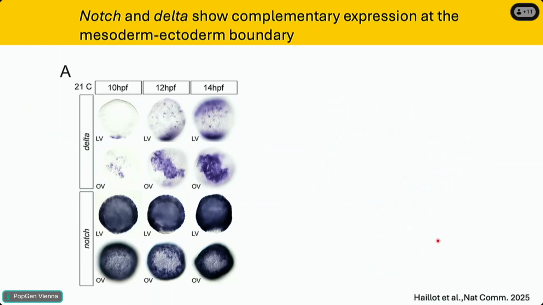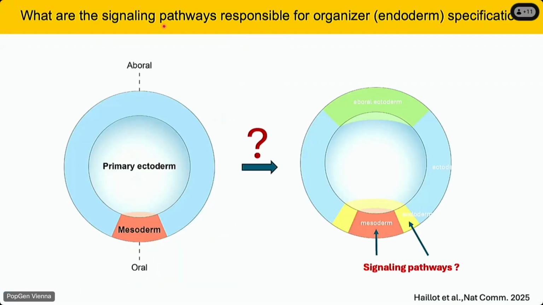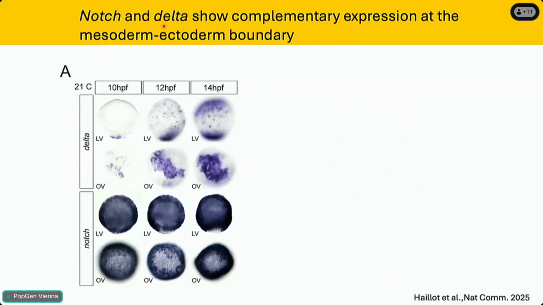Notch is a receptor for Delta, the ligand, but both of them are membrane bound, unlike, for instance, Wnt and other signaling pathways where you have secreted signaling factors that are secreted out of the cell and can diffuse to a certain distance. While here, between Notch and Delta, the signaling only occurs between adjacent neighboring cells.